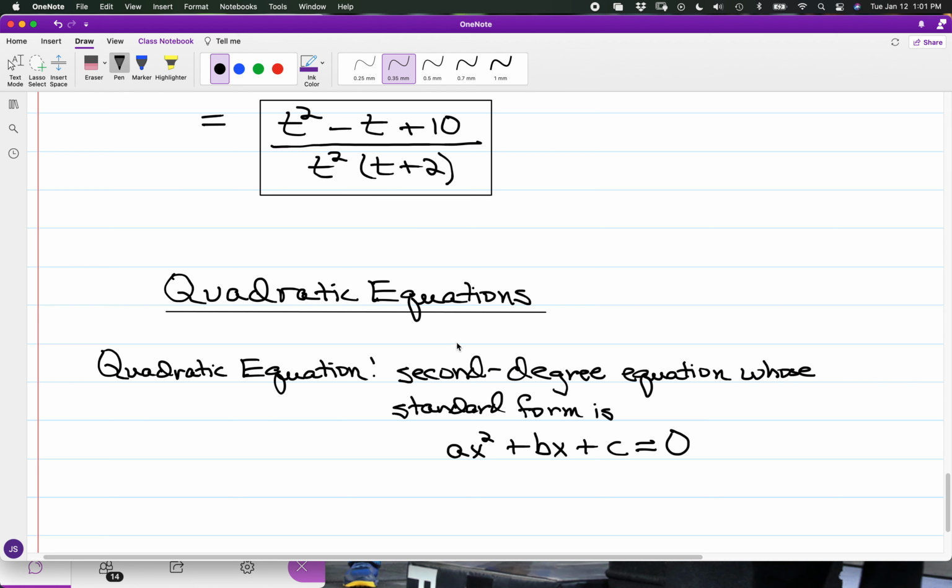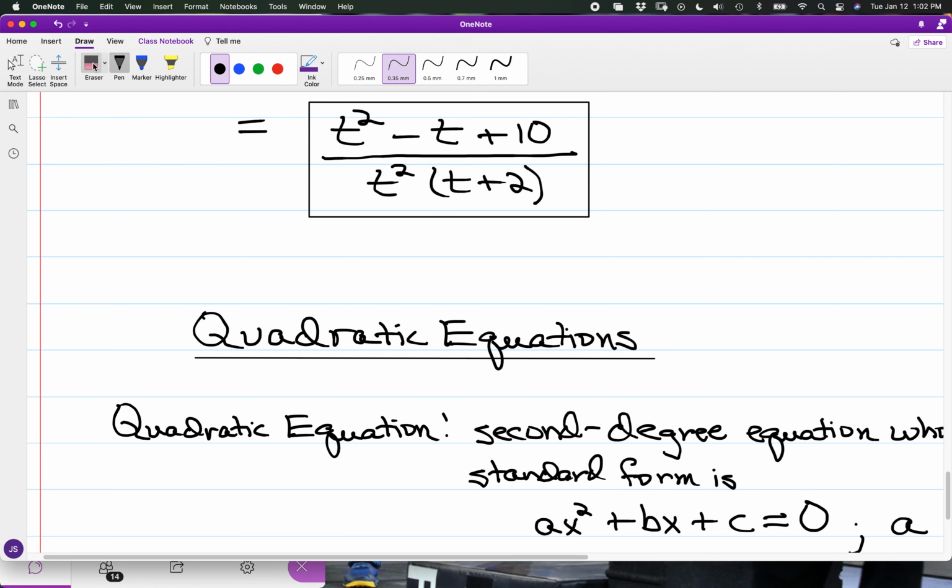We're looking at second degree in the variable x, at least for the standard representation. And this will be with the restriction that a cannot be equal to 0.